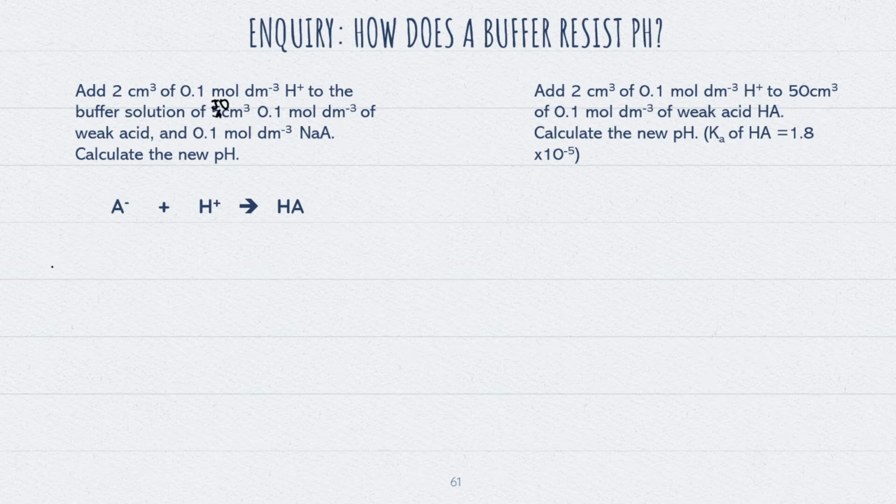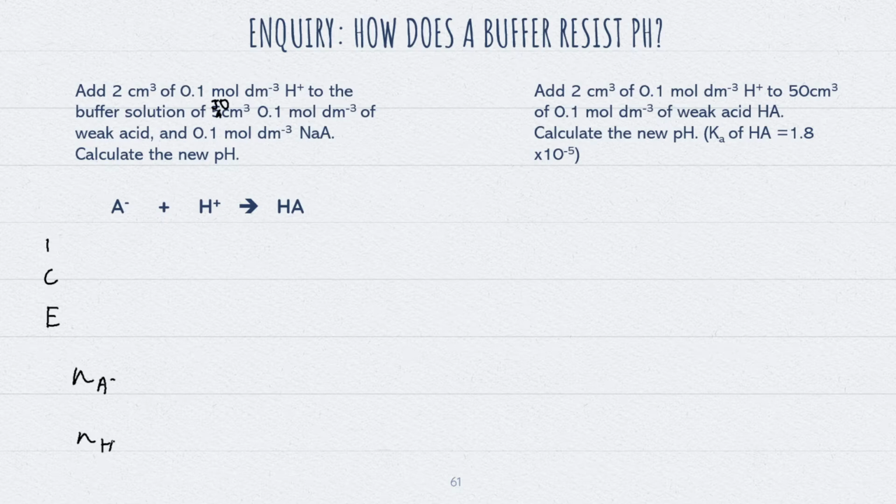But now let's find out how we can use our buffer equation to calculate the new pH. Once again, we need to use the ICE table, and we need to calculate a few things first. First, we need to calculate the initial moles of your A minus and HA. If you recap, initially this buffer solution was prepared by adding 25 cm cube of your salt and 25 cm cube of your weak acid.